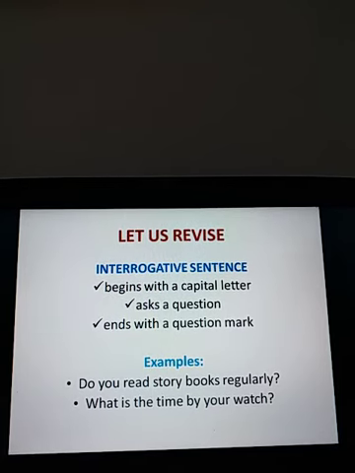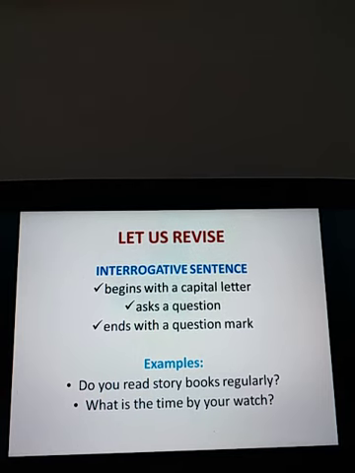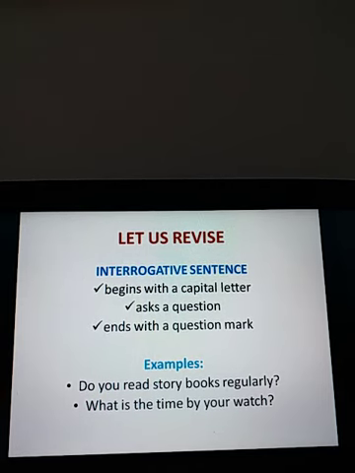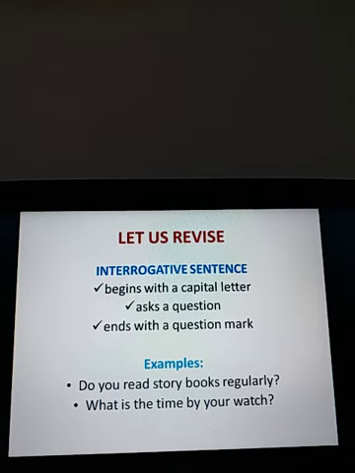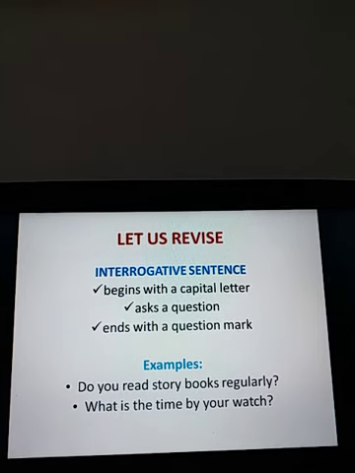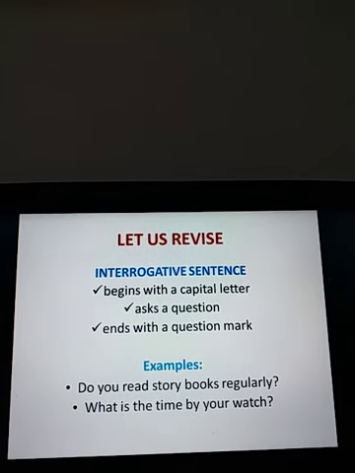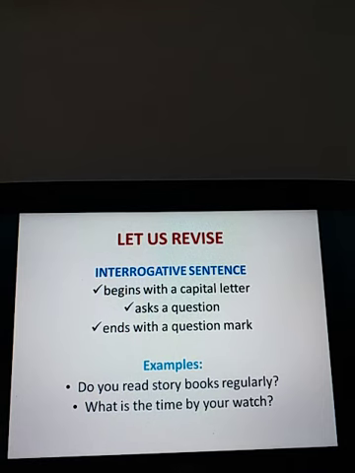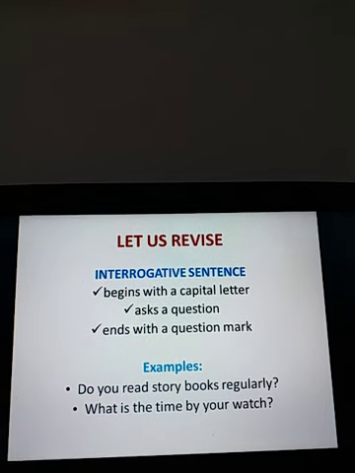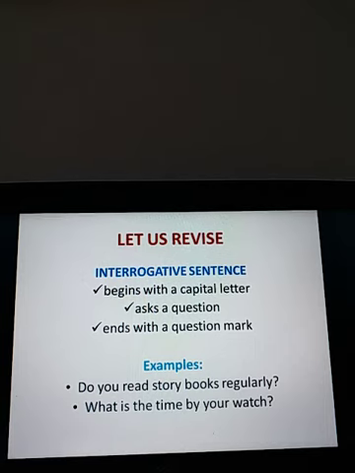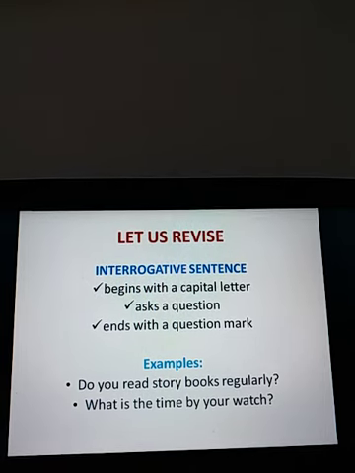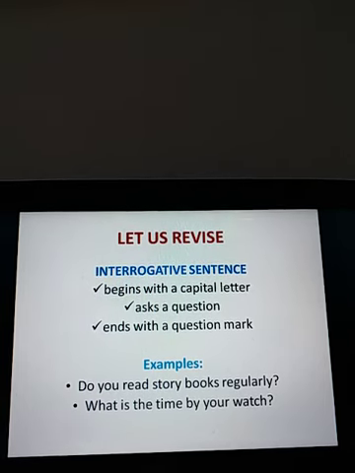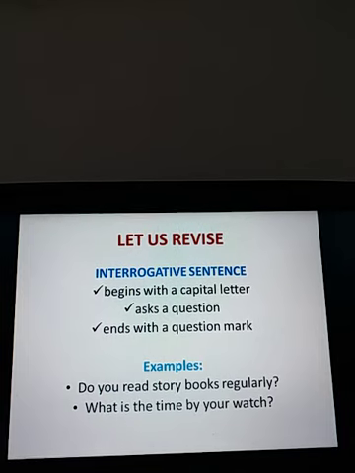So, both these sentences, again, they ask a question, hence they end with a question mark. And you see, in the first example, the sentence begins with a verb. Here, in this case, the verb is do. Whereas in the second example, the sentence begins with a question word, what.